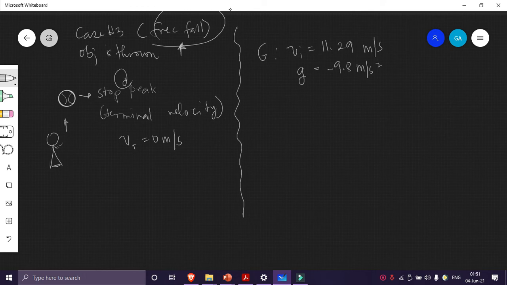And of course, dahil nga hinagis siya pataas, it will reach the terminal velocity. The final velocity will be 0 meters per second. Okay? So, our required to find will be the time it takes for the ball to stop. Okay? So, missing dito ay yung displacement. D is not needed.